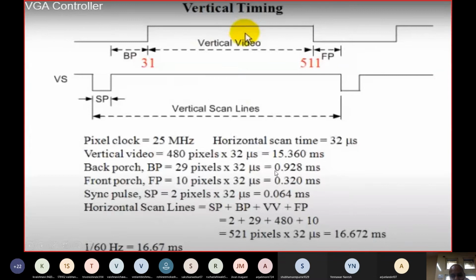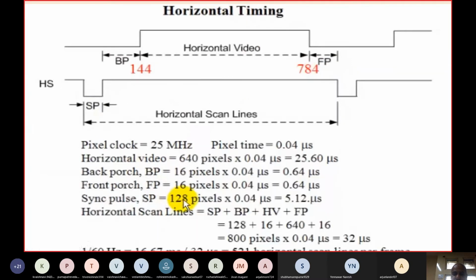Similarly, back porch will take 29 pixels, front porch 10 pixels, and then the synchronizing pulse only 2 pixels. Overall, all these times added give you 16.672 milliseconds. That means it works out to a frequency of 1 upon 60, 16.67. So there is a relation between these two.